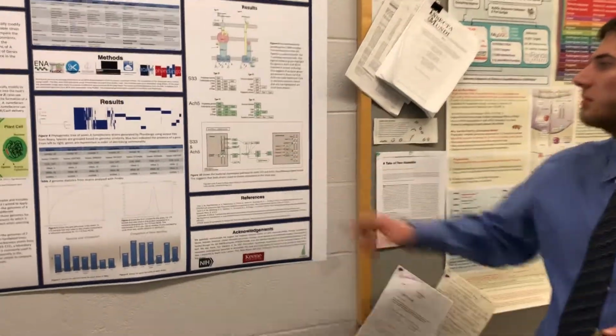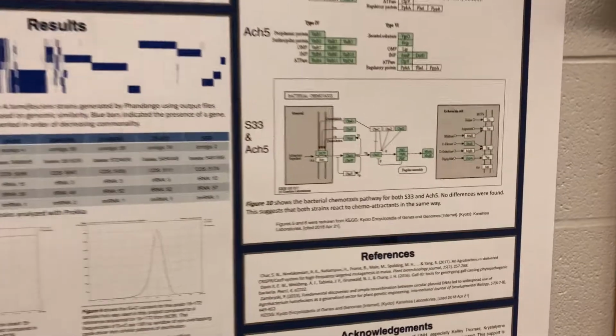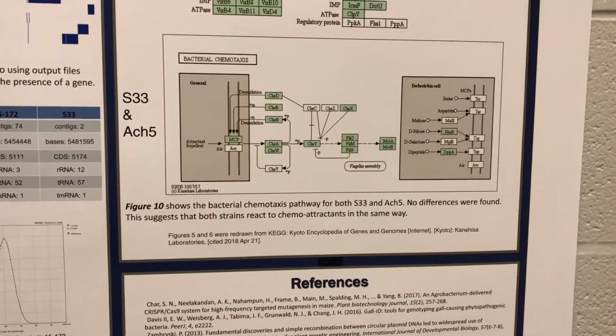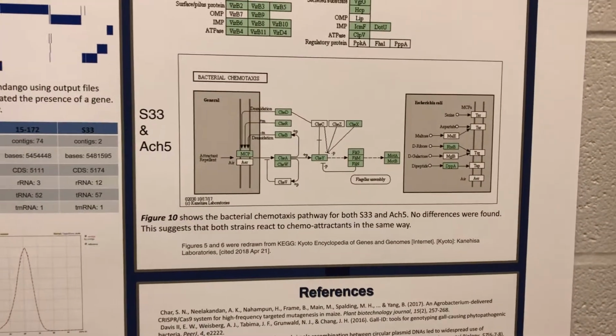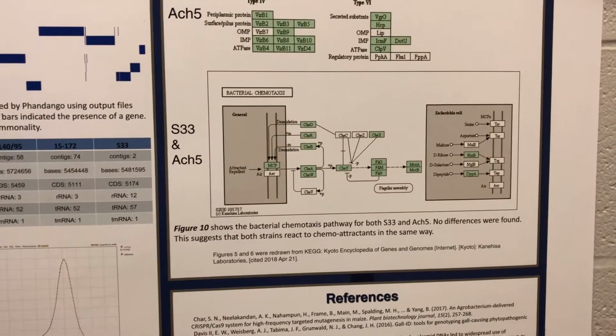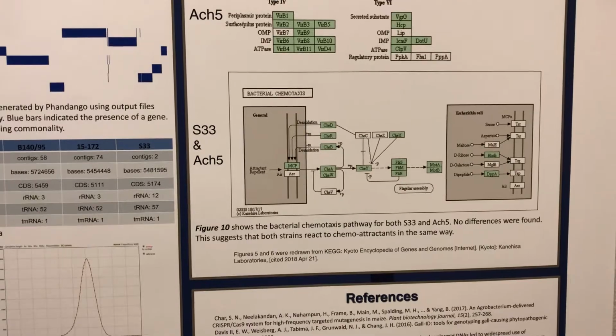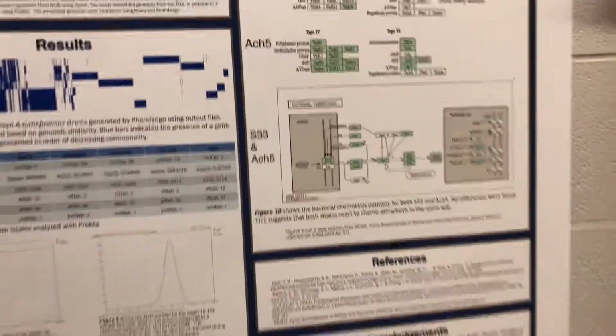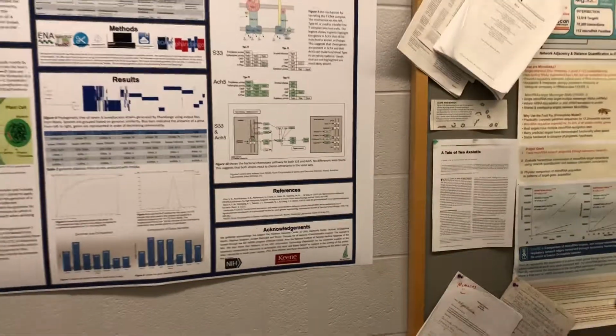I also used similar methods to compare genes involved in chemotaxis, and they were the same for both strains. So that suggests that they both respond to chemoattractants in the same way.